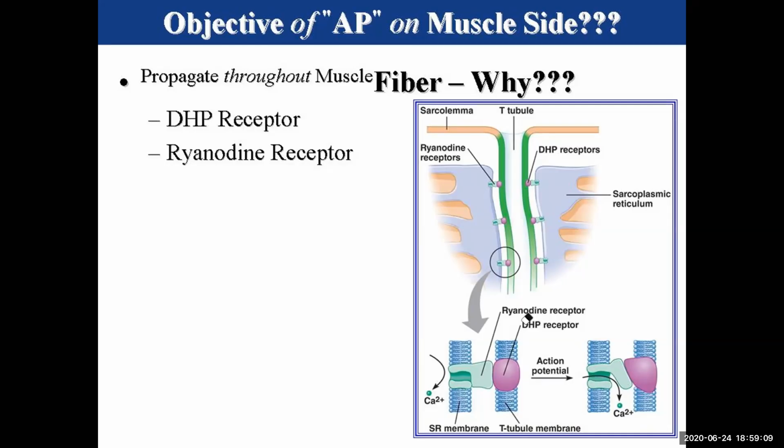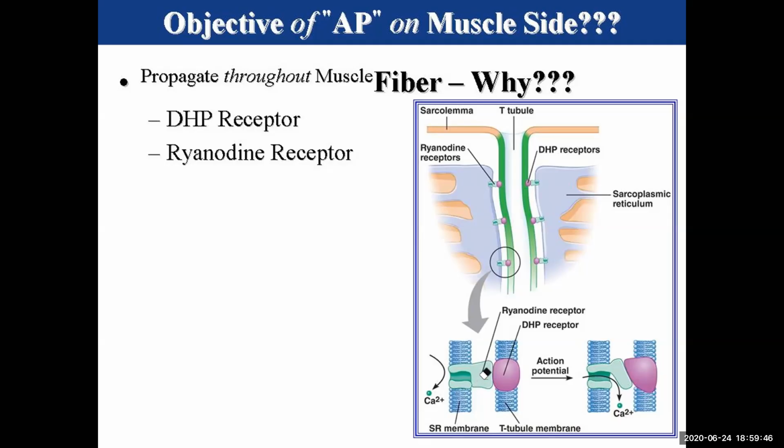So these DHP receptors are sensitive to depolarization. It induces the DHP to change its shape. And when the shape changes, it will also cause a shape change on another interacting protein called ryanodine receptor, which is the transmembrane protein that is located on the membrane of the sarcoplasmic reticulum, because the sarcoplasmic reticulum is a membranous organelle.